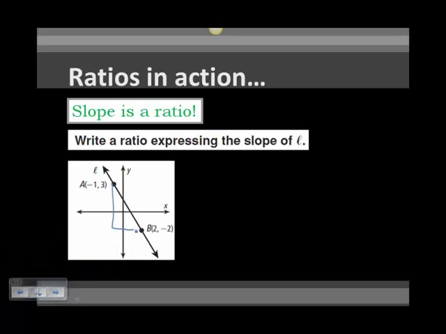We can use the slope formula. The slope of L would be the change in y, so -2 minus 3, over the change in x, 2 minus -1. We would end up with -5 over 3, and we have just written the slope of line L as a ratio.